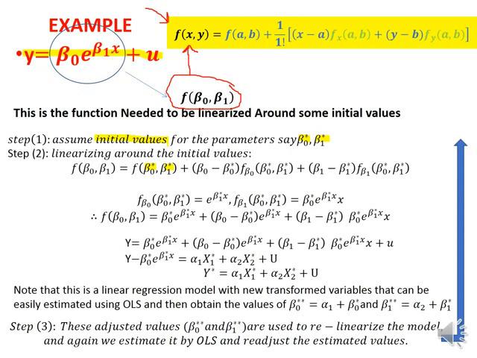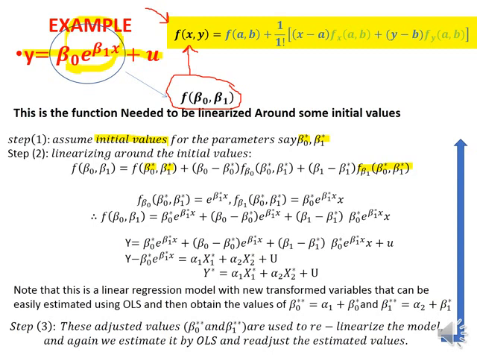Instead of fx(a, b), it is as if I will differentiate this equation with respect to β0 and then substitute with β0 star and β1 star, plus (β1 minus β1 star) times f of β1 at (β0 star, β1 star), as if I am differentiating this equation with respect to β1, and then I substitute by β0 star, β1 star.